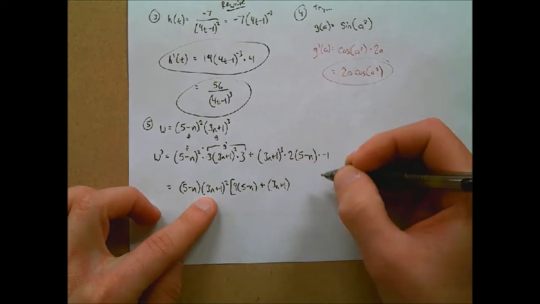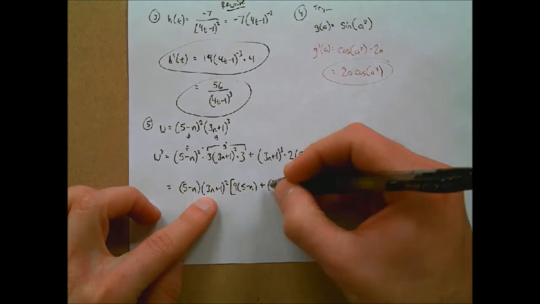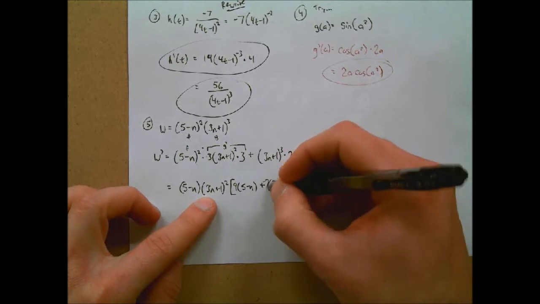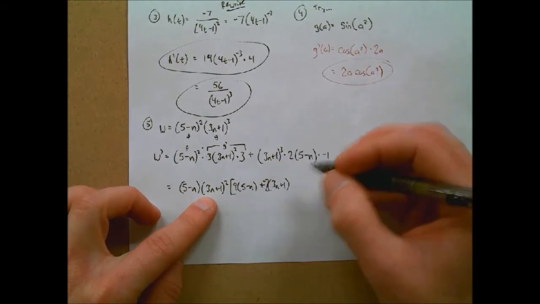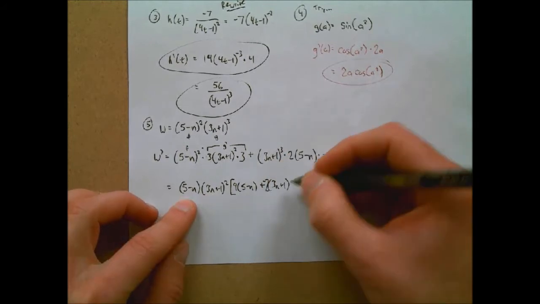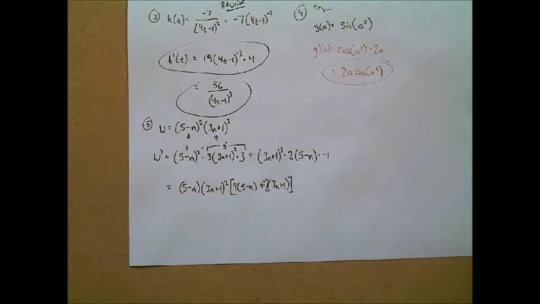And then the 2 and the negative 1, so I guess I should have put a negative 2 in front. And then the 5 minus n, that's gone. Okay, so do you see that there? We factor out 3n plus 1 squared and a 5 minus n. We're left with 9 times 5 minus n, and then a negative 2 times 3n plus 1.